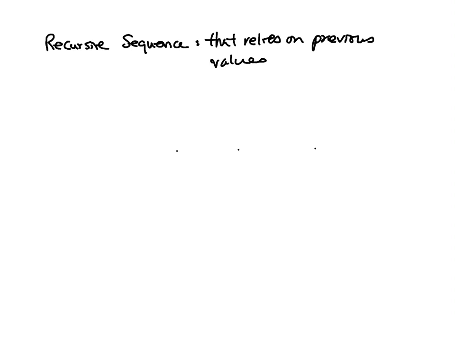What I mean by rely on the previous value is, in order to figure out a specific term, you need to know the value of the previous. Now, in problem set number 3, where we can just plug in the formula, those are not recursive, because I can just plug in a number and figure out the specific term.